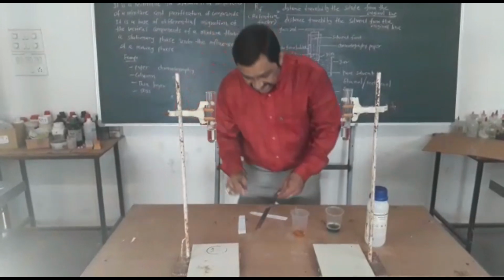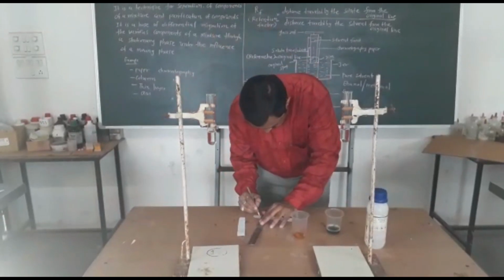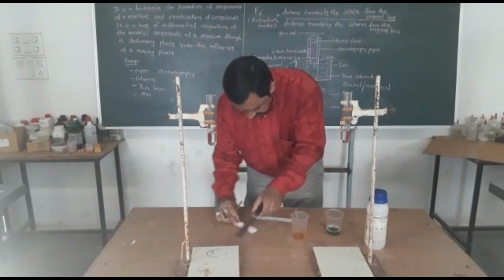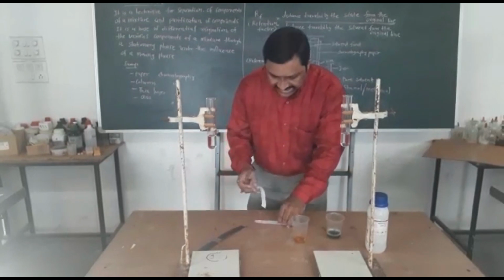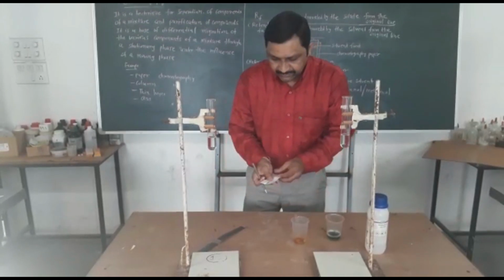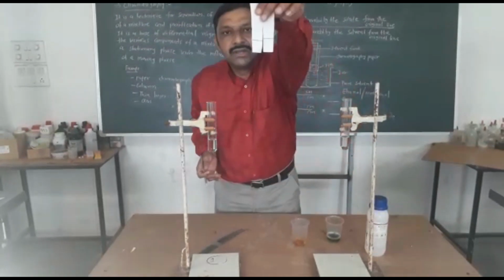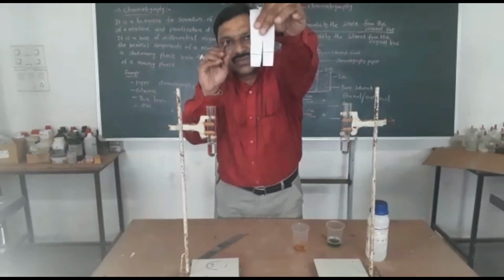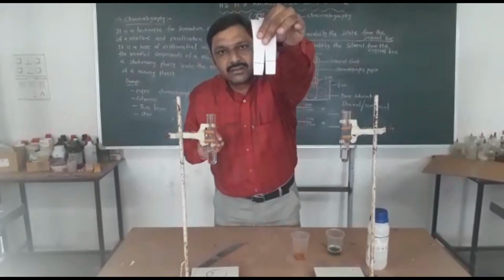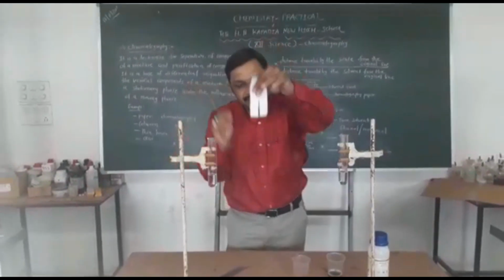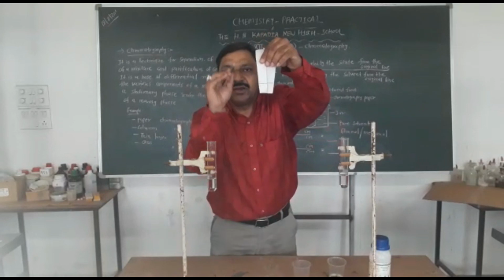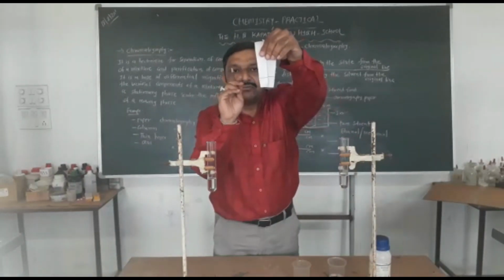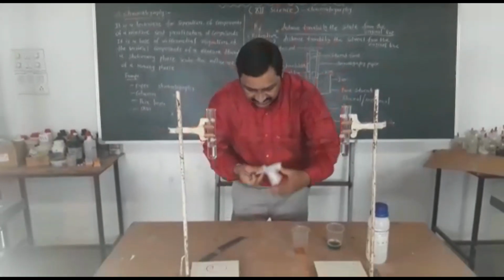And put a line like this way. Look, like this way. Clear? 3 centimeter. Now look, in the middle put a spot or dot.